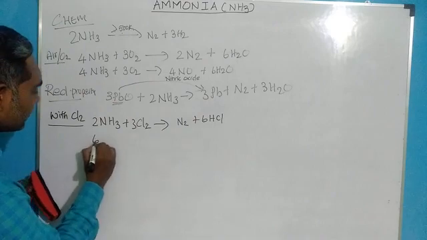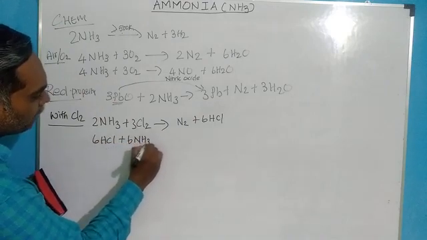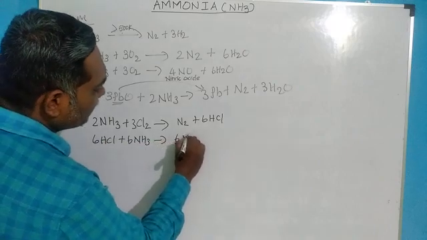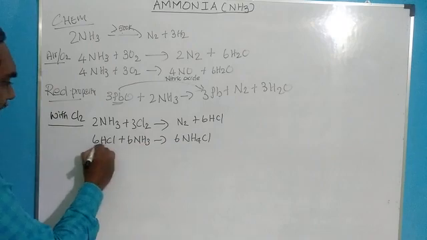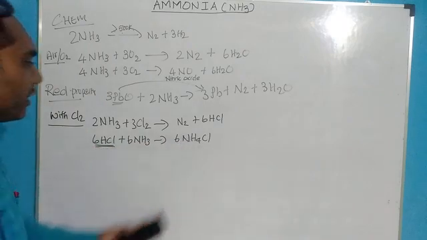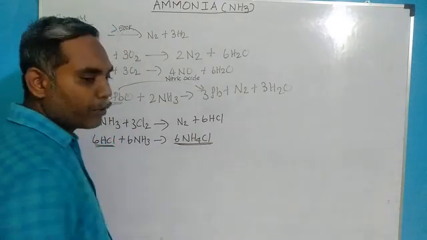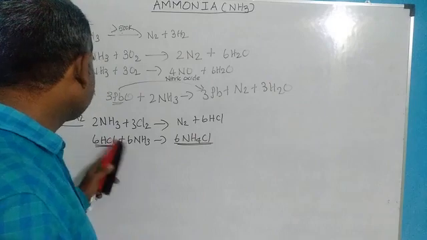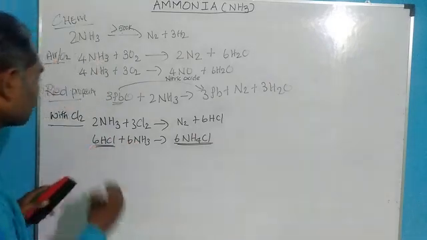The 6HCl reacts with 6NH3 and we will get 6NH4Cl. So when ammonia reacts with acid, we get the chloride salt of ammonia. So with acids it forms salt.